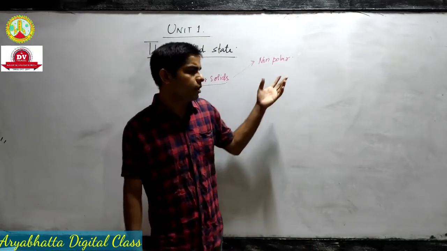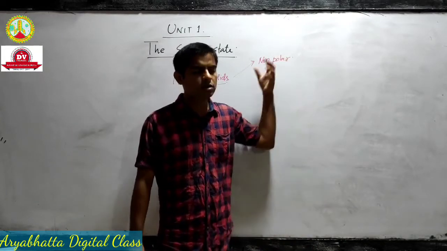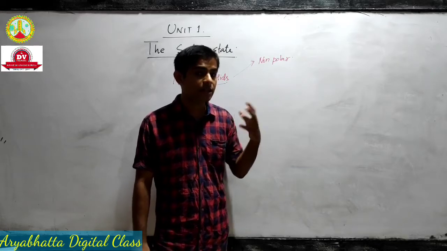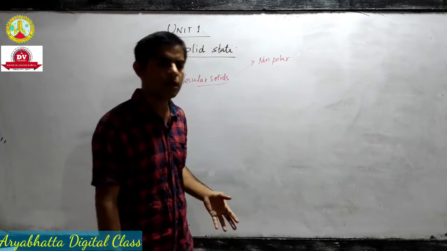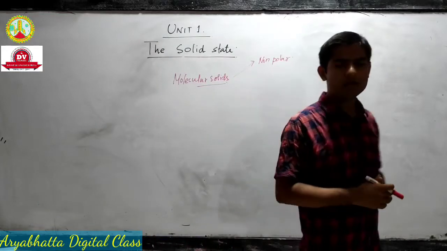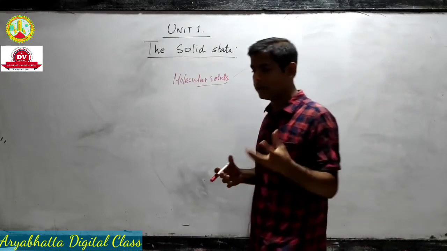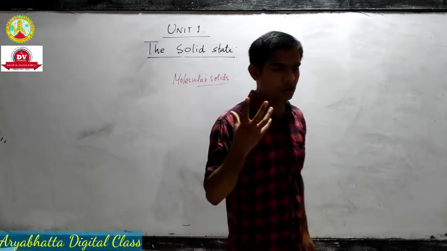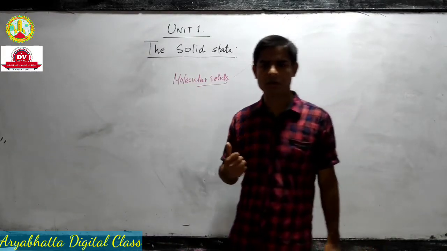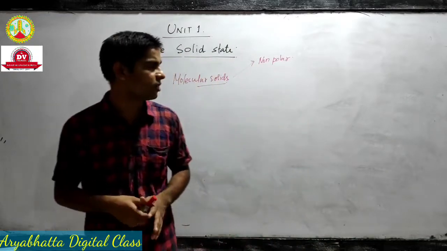And even those non-polar compounds which are gaseous in nature, if we cool them down, they will convert to solid. We can make their solid phase. Carbon dioxide is non-polar in nature, but solid CO2 does exist. Dry ice, you all know dry ice.